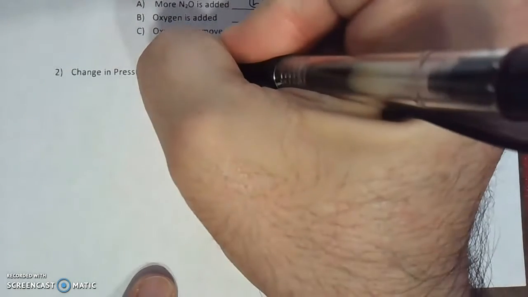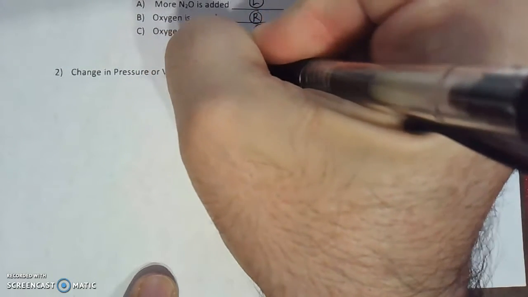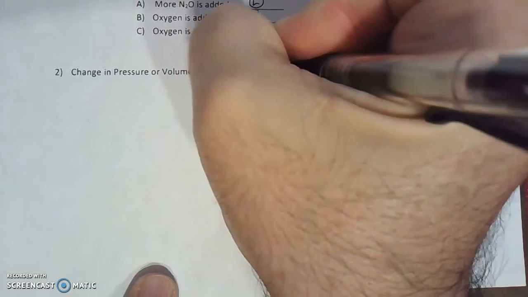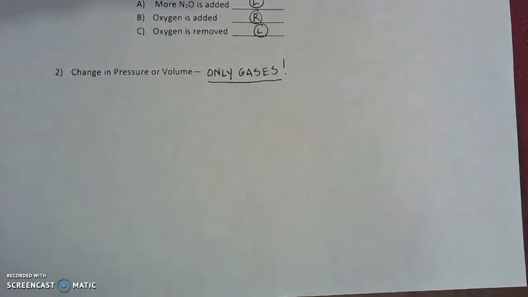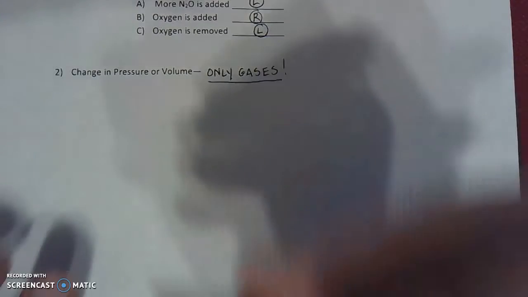Here we only deal with gases. If we have something that is aqueous, we really don't worry about this. A change in pressure affects the volume of something, and a change in volume affects the pressure, according to our gas laws from Chemistry 1.